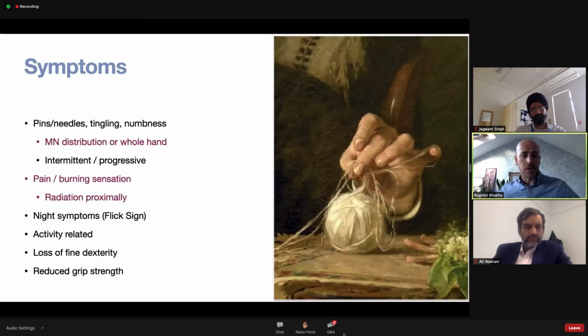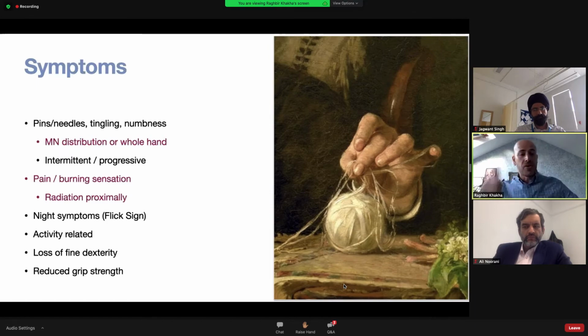So coming on to the symptoms, what's really important with carpal tunnel syndrome is that we don't always see the classic numbness in the median nerve distribution, which is typically found to be the radial 3.5 fingers.